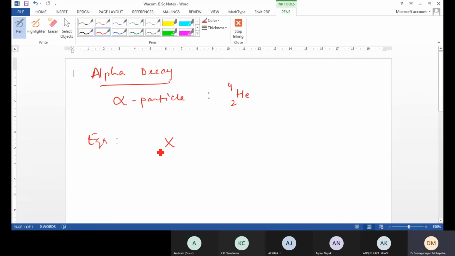Let's say this is the element X with atomic number Z and mass number A. When this disintegrates spontaneously into daughter nuclei, let's say it is Y, with Z minus 2 and A minus 4, plus He-4 plus Q. What is this Q?